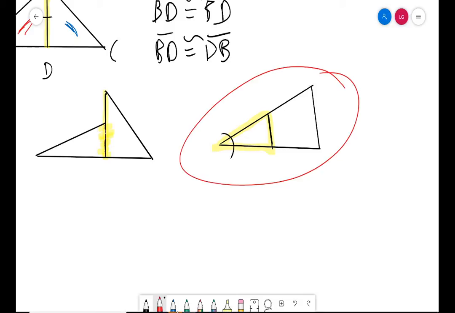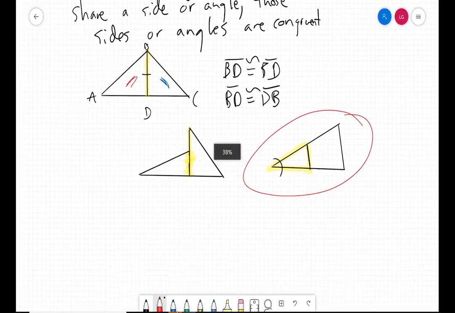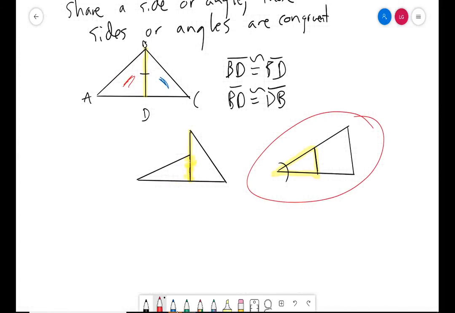Right, so that angle is certainly congruent to itself, and at times that's very useful for proving congruent triangles or not, but it's just these are ideas that we have in our toolbox.